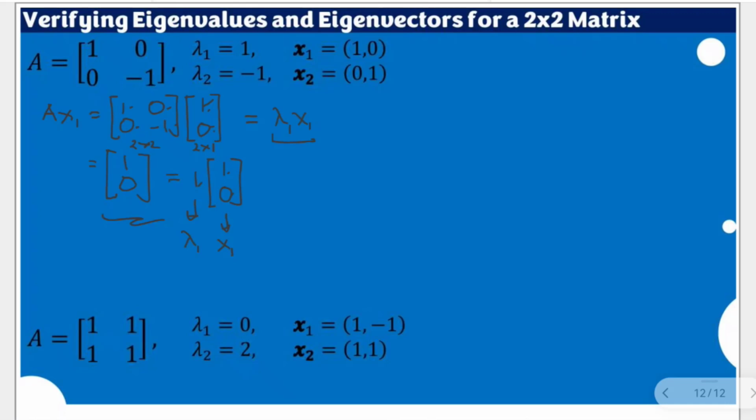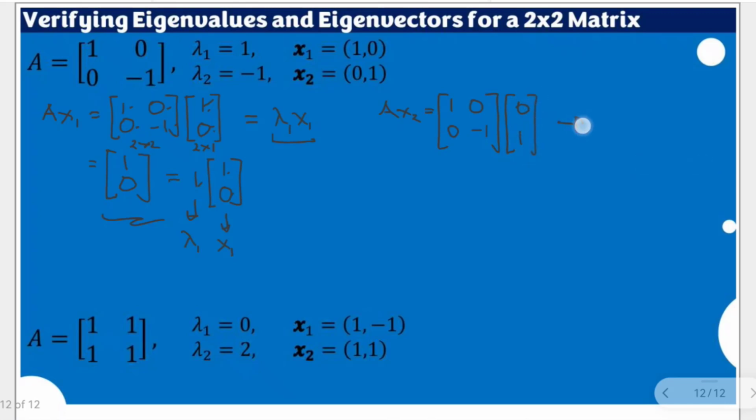Now let's do the same thing for our second set of eigenvector and eigenvalue. So you have here A, x sub 2 in this case. The same thing, let's multiply our A, 1, 0, 0, negative 1, by our second vector, 0, 1.